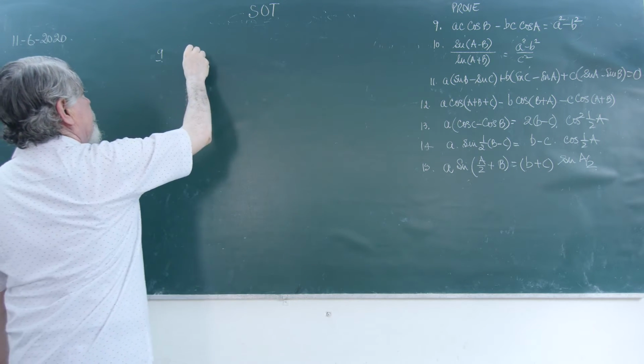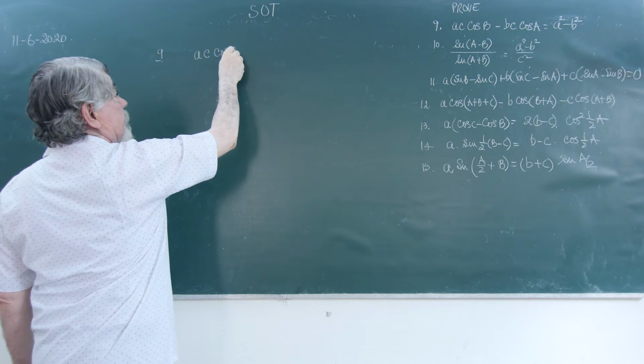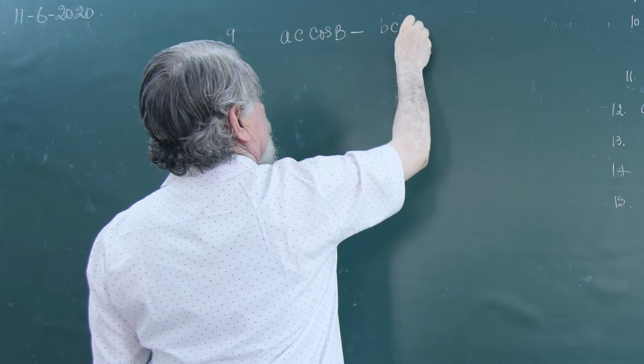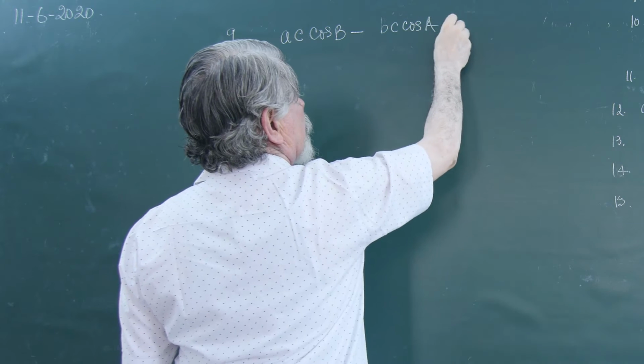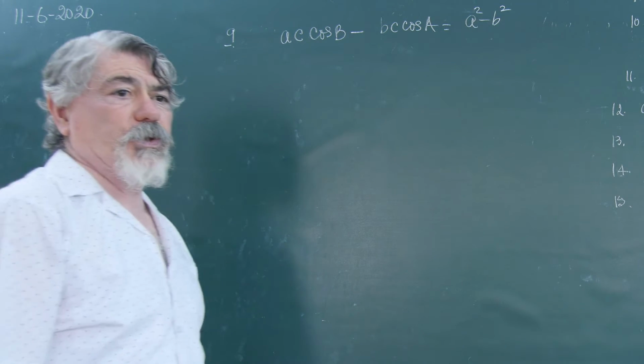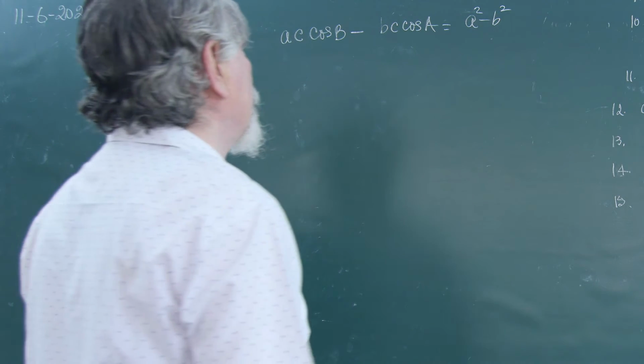AC cos B minus BC cos A. I have to prove it equal to A square minus B square. Obviously, if it is coming in terms of squares and cos is involved, I must involve the cos rule.